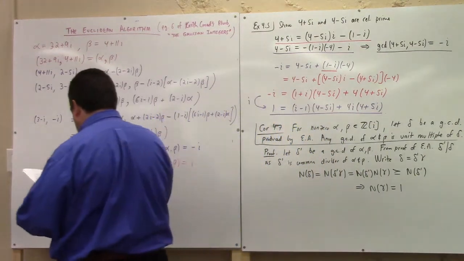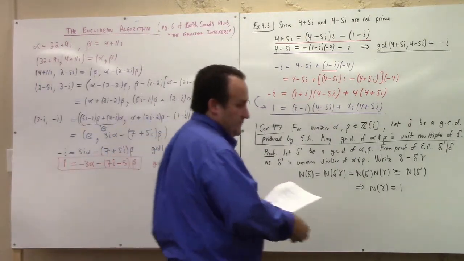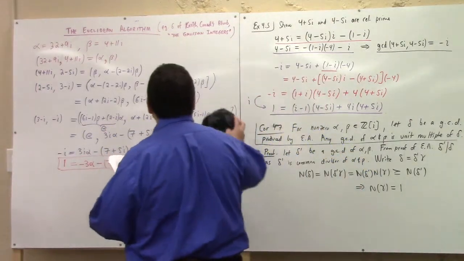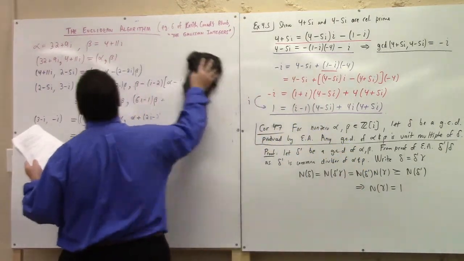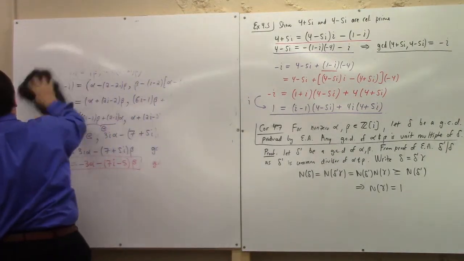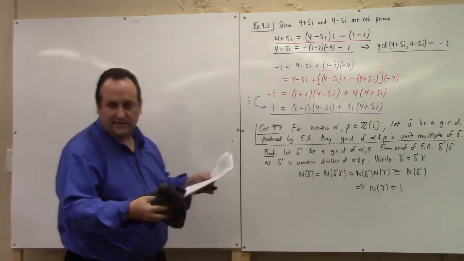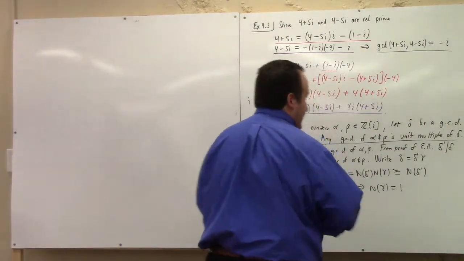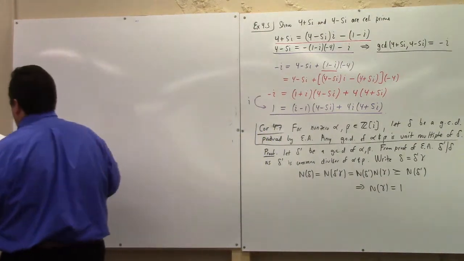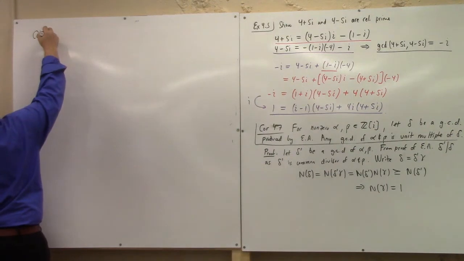So let's see here. This brings us to a corollary. We're getting into divisibility in the Gaussian integers now, right? We've been sort of doing some of it, but now we're really getting into some of the meat.